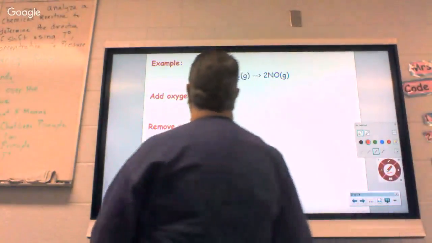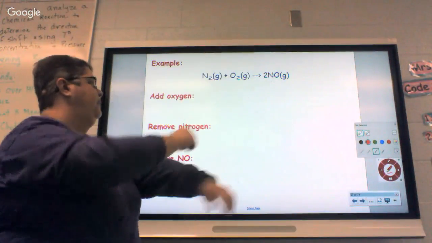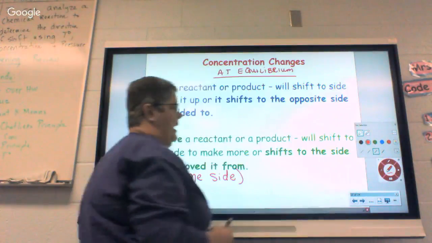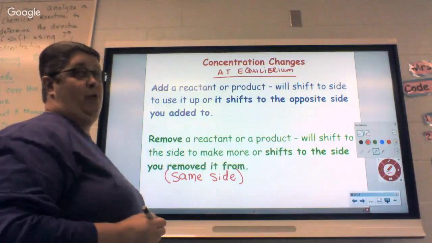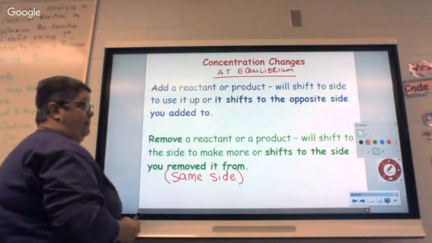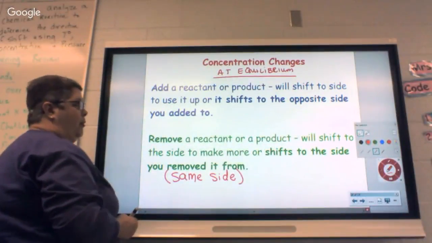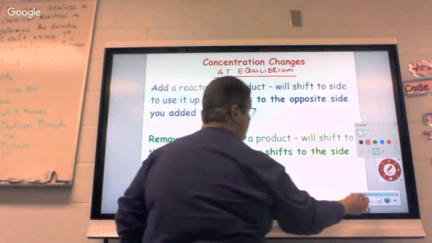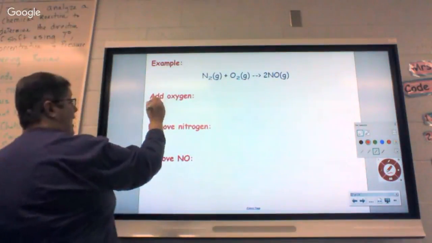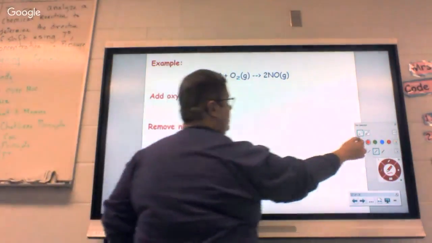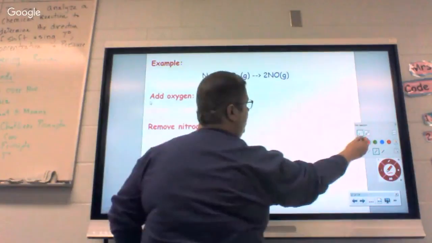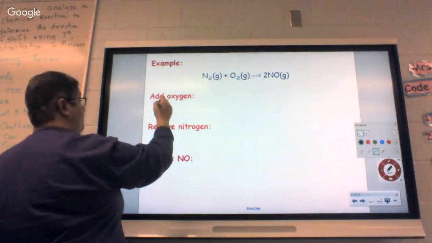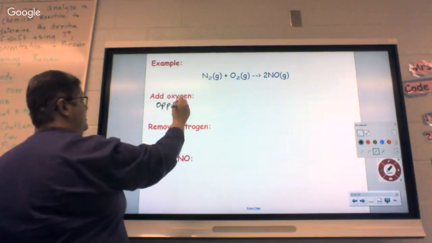All right, so when you look at this, first of all, we're adding oxygen. So which rule are we analyzing? We're adding, so what does the rule say? To go to the opposite side.